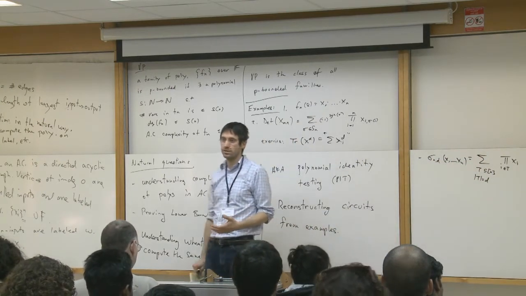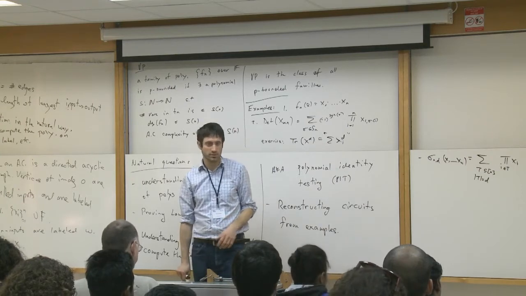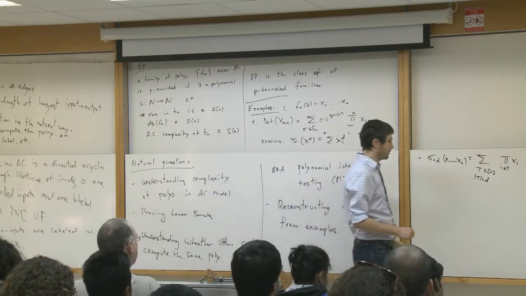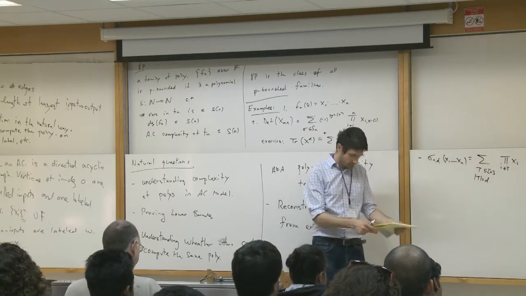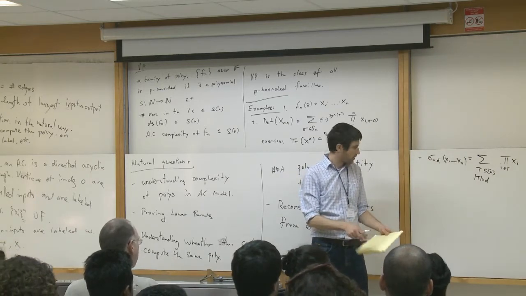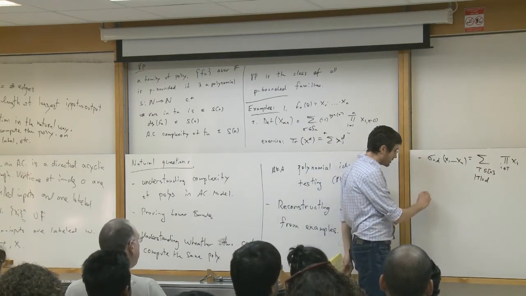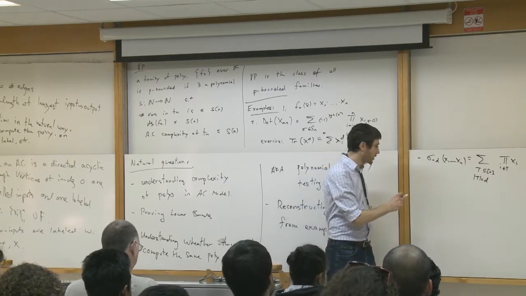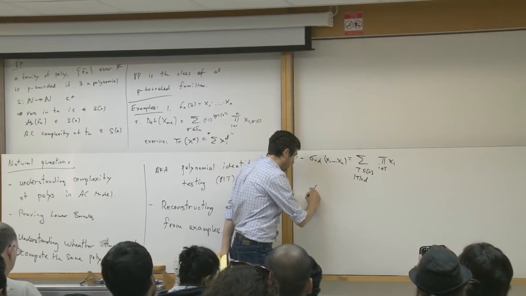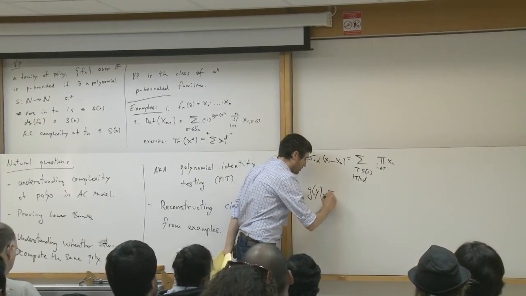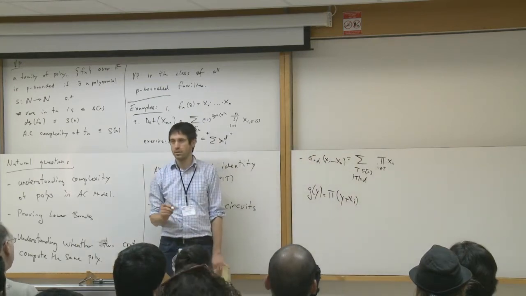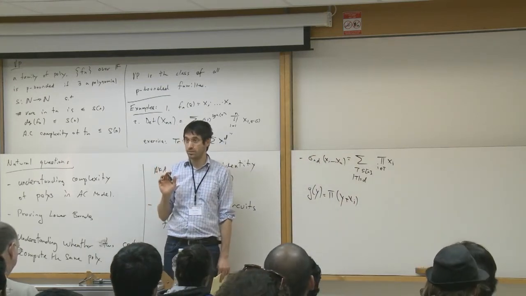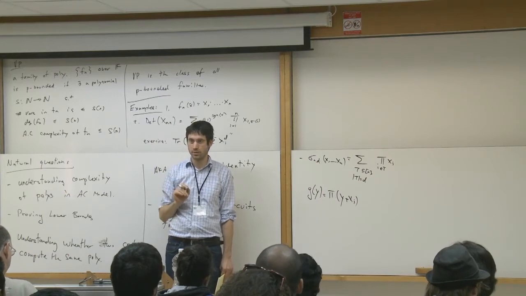And actually, let me show you the circuit for computing this polynomial, because it's perhaps a bit surprising. To show how to compute this polynomial, consider the following auxiliary polynomial, g of y equals the product of y plus xi. Y is a new variable, just a thought experiment we are doing now.